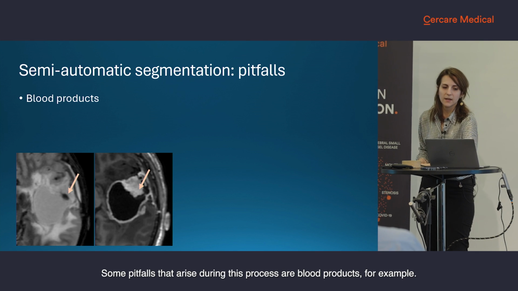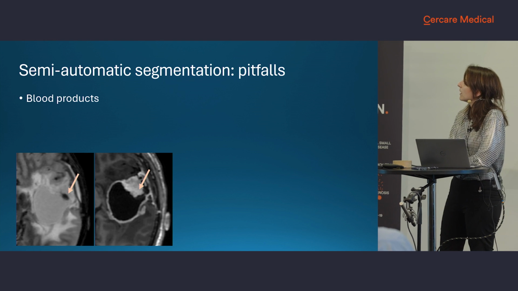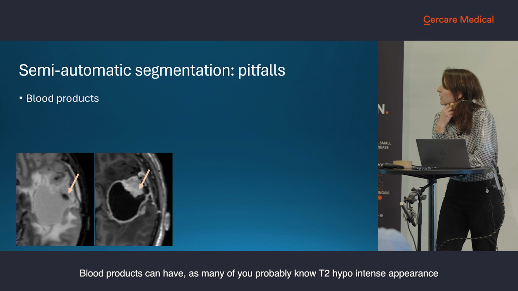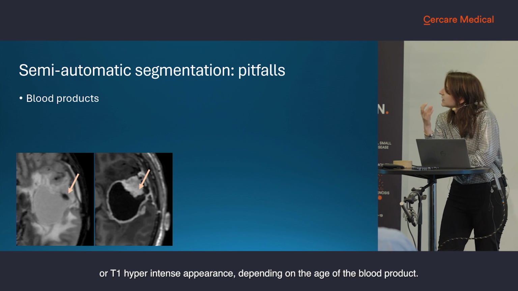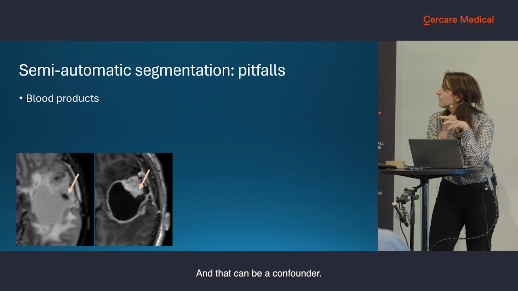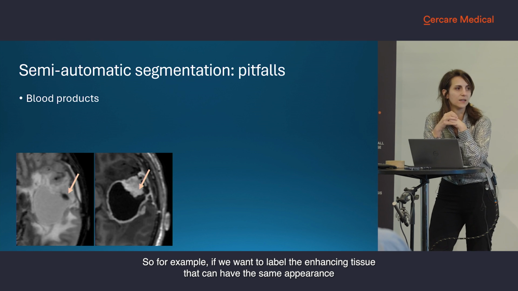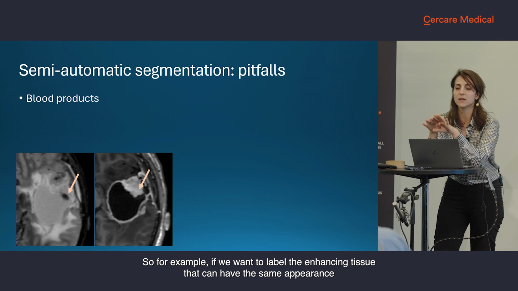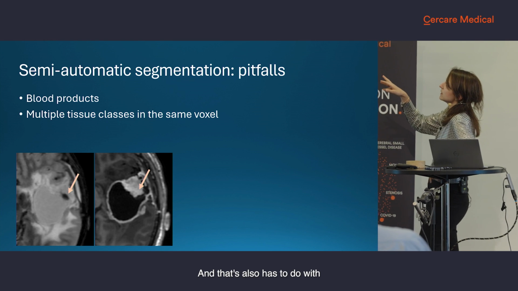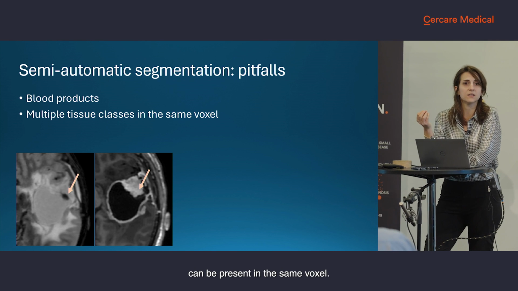Some pitfalls that arise during this process are blood products, for example. Blood products can have, as many of you probably know, a T2 hypointense or T1 hyperintense appearance, depending on the age of the blood product, and that can be a confounder. So, for example, if we want to label the enhancing tissue, that can have the same appearance as just blood, and that also has to do with the fact that multiple tissue classes can be present in the same voxel.